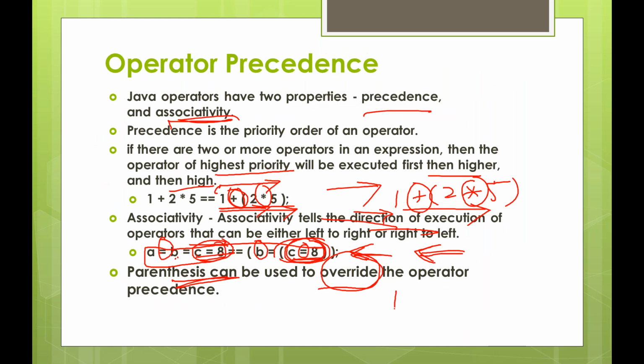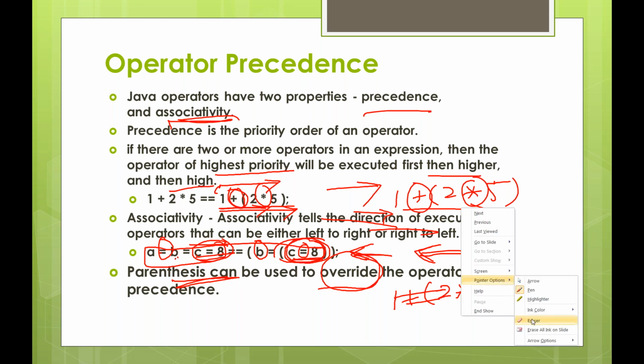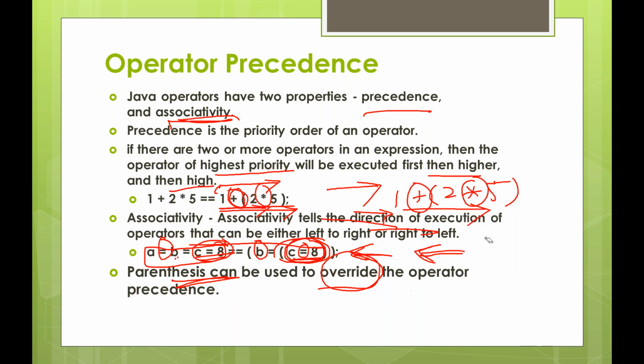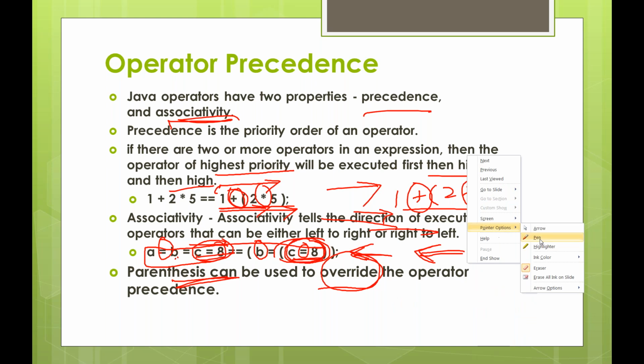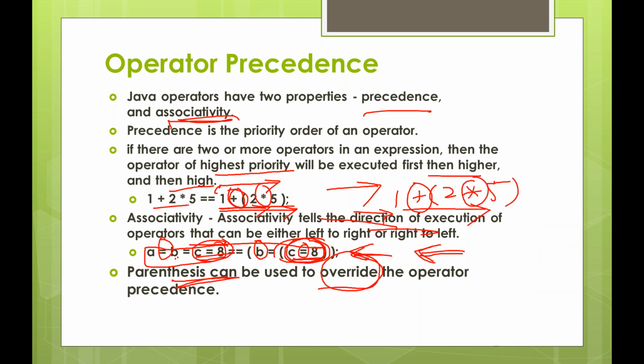So we have this expression without any parentheses, 1 plus 2 star 5.